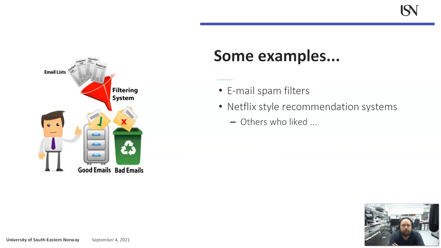Another common example of machine learning is the Netflix-style recommendation systems, which is giving you advice such as, okay, you watched Star Trek, you probably would like to watch Star Wars as well. And that sort of thing is based also on data, on an algorithm which is looking at patterns in consumption of multimedia, consumption of TV and films.